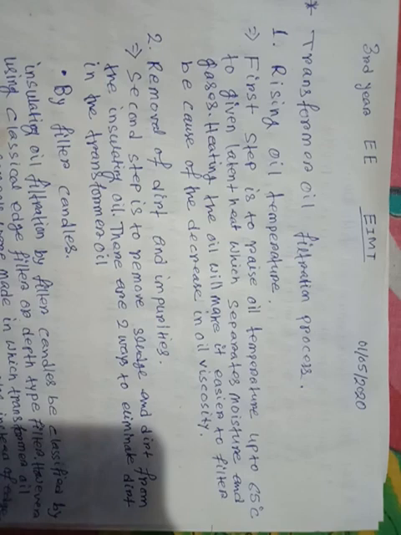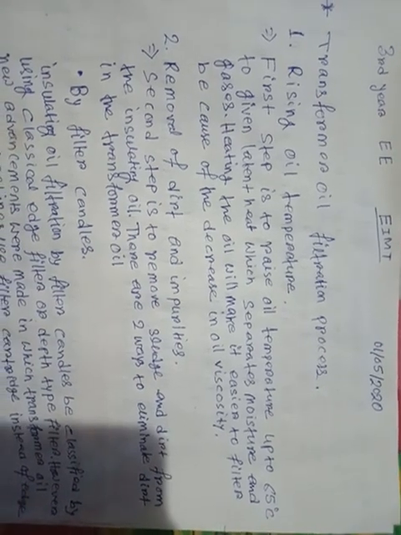Heating the oil will make it easier to filter because of the decrease in oil viscosity. When the oil temperature increases, the viscosity of the oil decreases, so it is easier to filter the transformer oil.